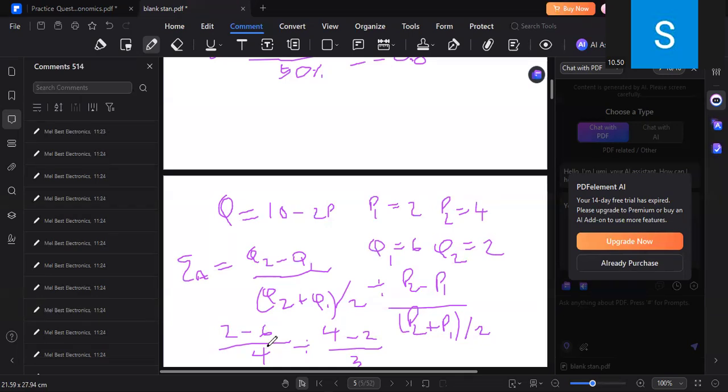So negative 4/4 is what? Negative 1. Divided by, what is 4 minus 2? It is 2. 2/3 is 0.6. So 1 over 0.6, what do we get?